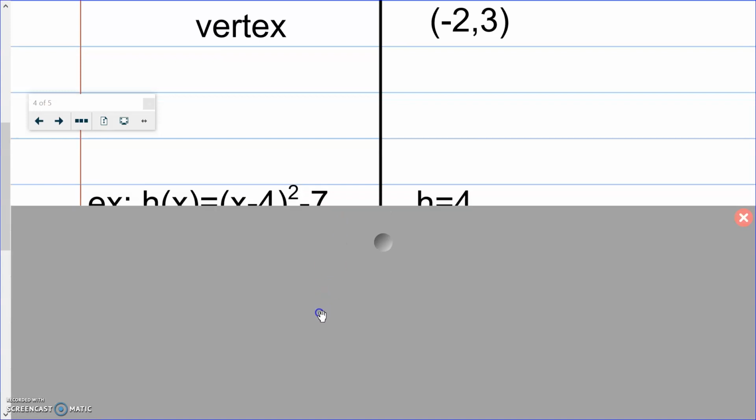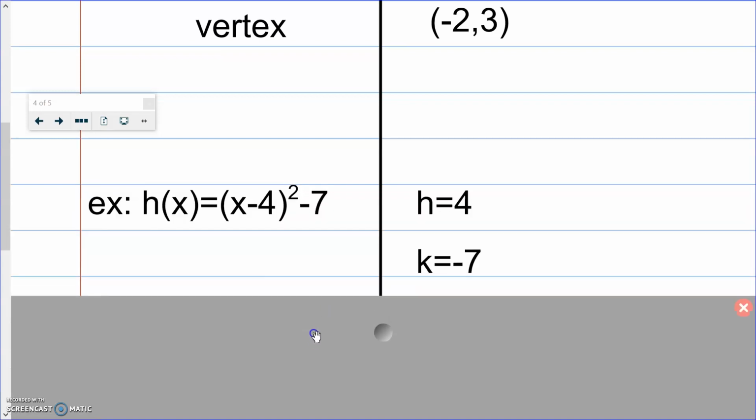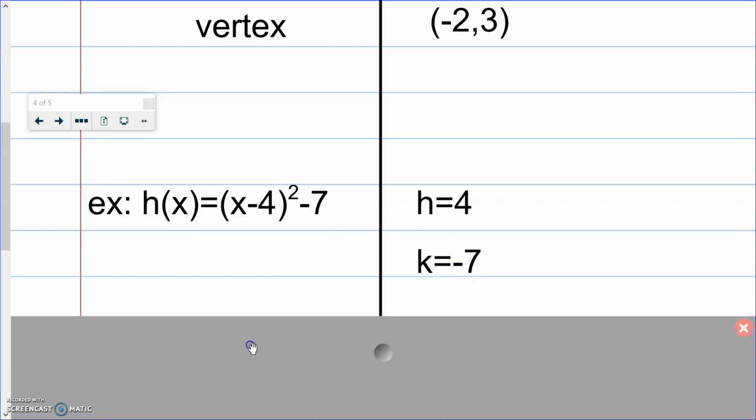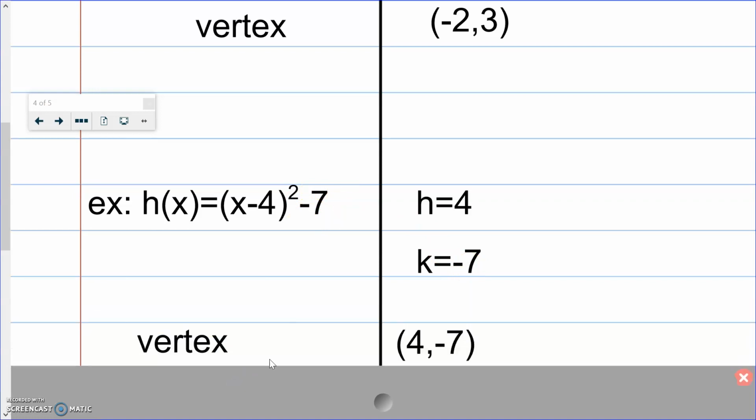Let's look at h of x equals (x minus 4) squared minus 7. Again, h is the opposite in here, so we get positive 4. K stays the same at the end where c is, so we get negative 7. So our vertex is 4, negative 7.